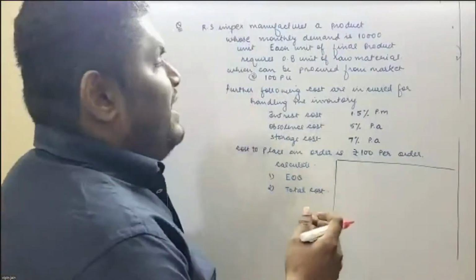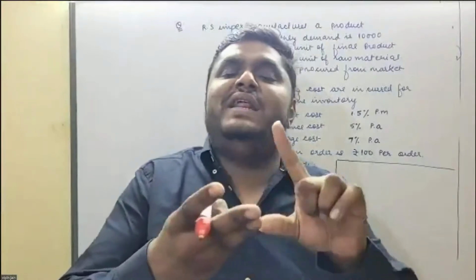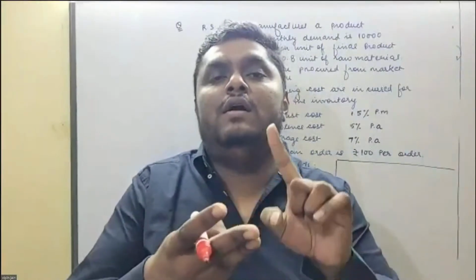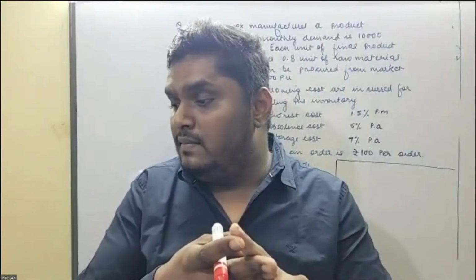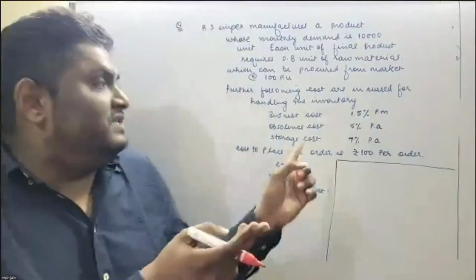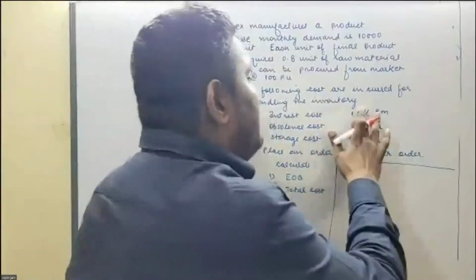So now, as I told you, three elements are required for calculating the economic order quantity. Kavita Chandak, the interest rate is 1.5% per month.